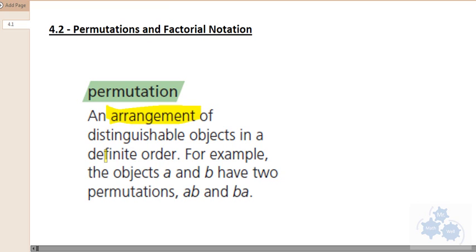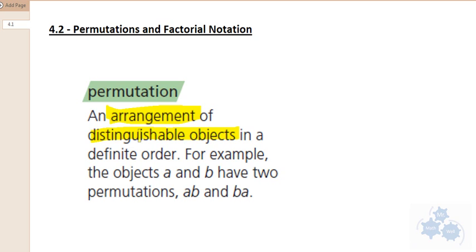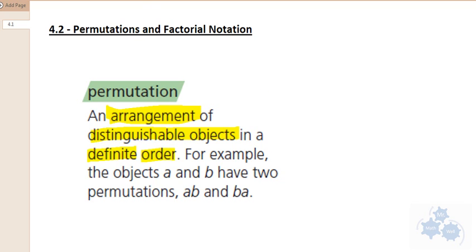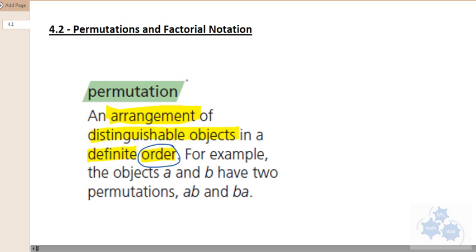You think about arranging things in a different order, and this is kind of important because if every object is different, then you have a certain number of permutations. If you have 2 or more identical objects, that's going to affect things, but we'll talk about that later. So technically, it's an arrangement of different or distinguishable objects in a definite order. Okay, so permutation, order matters.